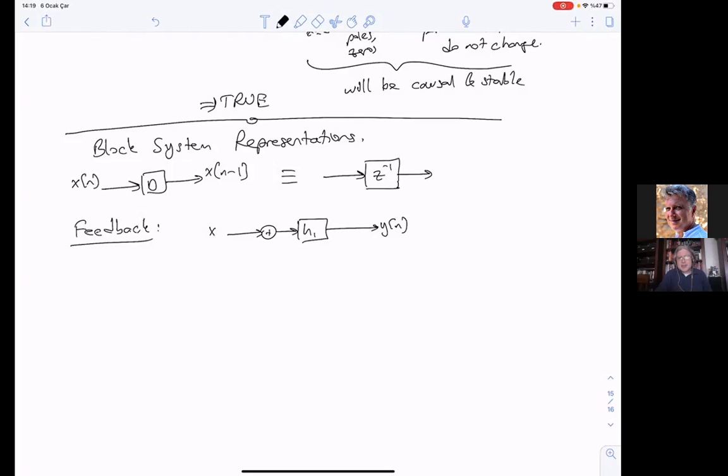What is the way to stabilize it is through the concept of so-called feedback. So we put some portion of that Y of n, filter it further with H2, and then subtract it from the inputs.